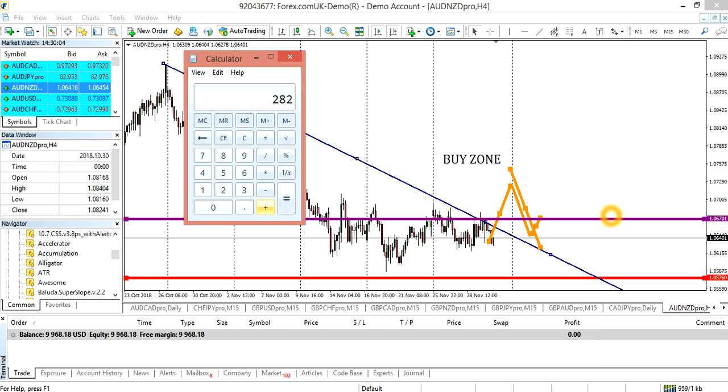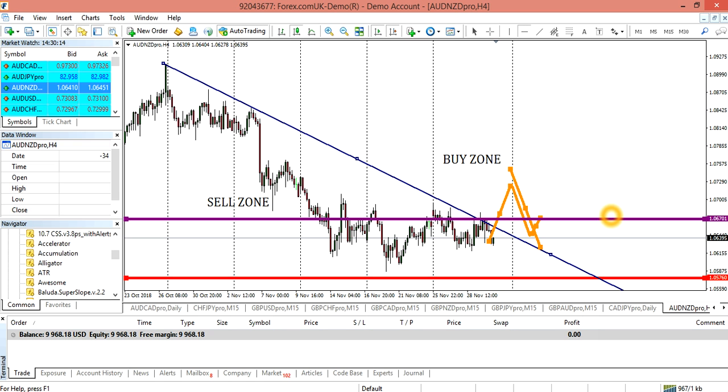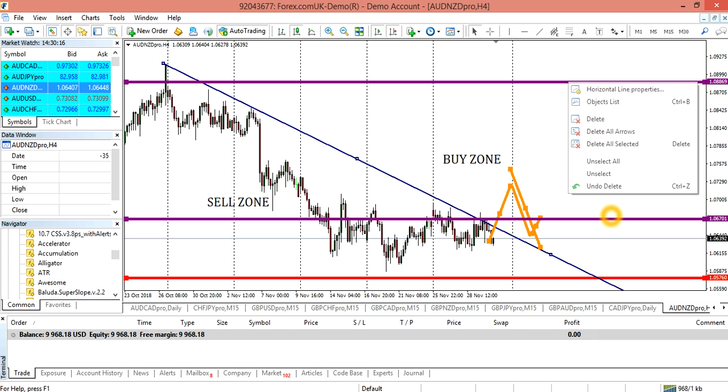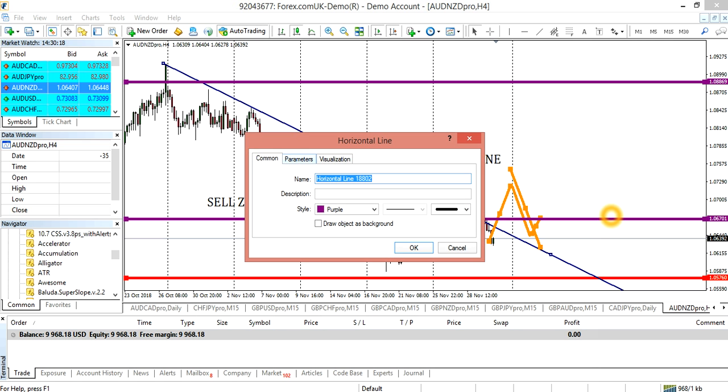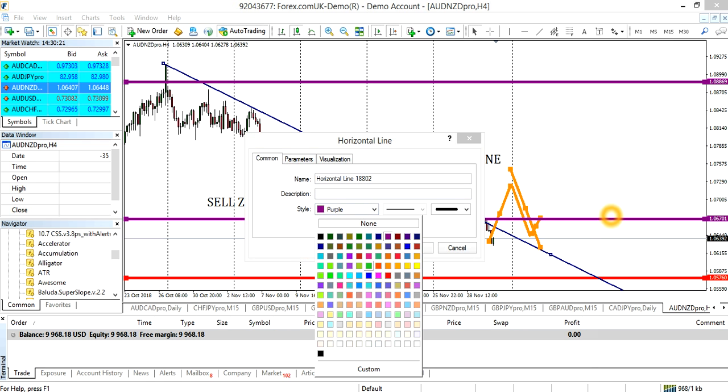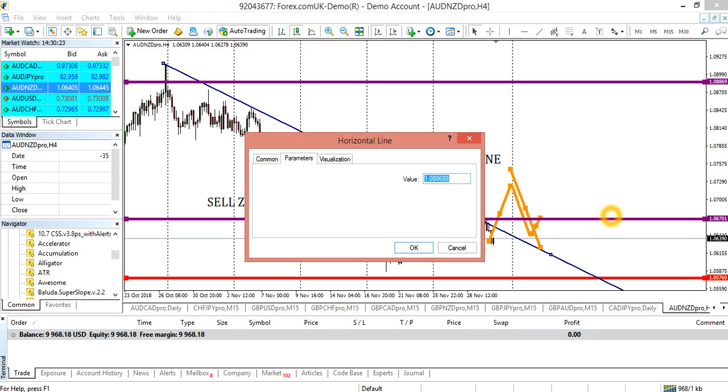So I'm going to add 282 plus 10670, and my reward should be 10952. I'm going to put that in green. 1.0952.